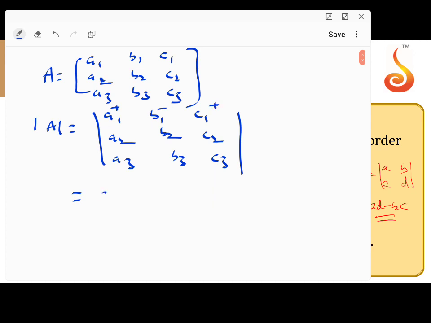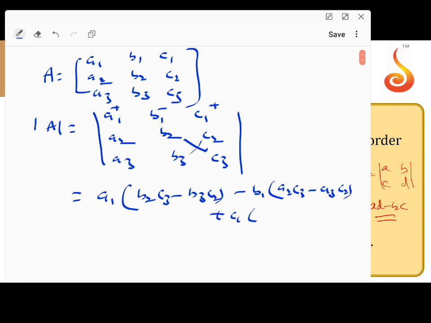Everyone knows this one, I will just recap it. a1 into (b2 c3 minus b3 c2). For the middle one always keep minus: b1 into (a2 c3 minus a3 c2), plus c1 into (a2 b3 minus a3 b2). That is the way to find the determinant of a matrix.